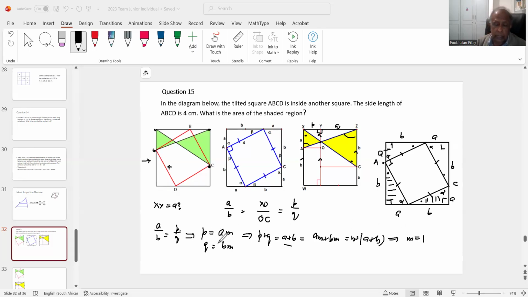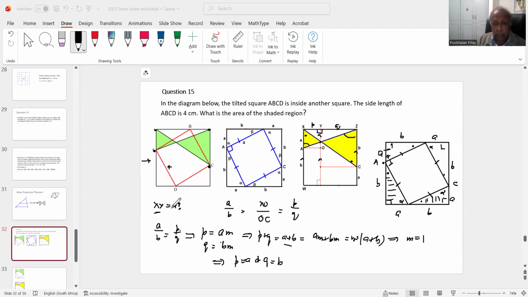And you go back to this, and there you have it: P is equal to A. M is 1, you see. P equals A, and also Q equals B. Now, that is your XY, we named it P. So the question was, I told you that I'm going to try to prove this.